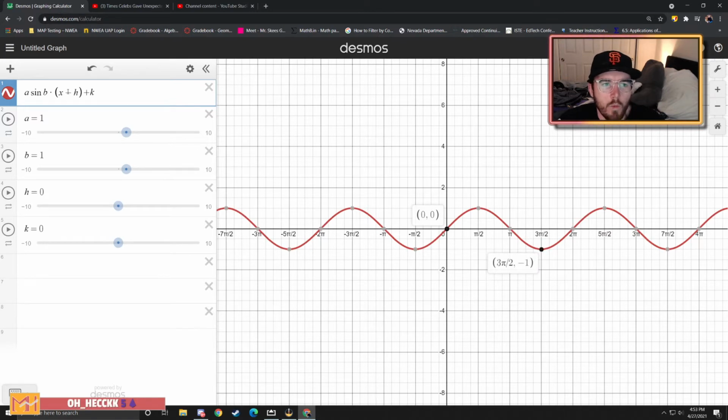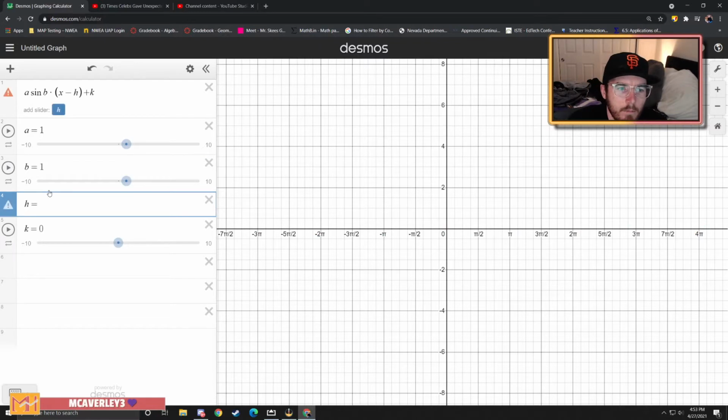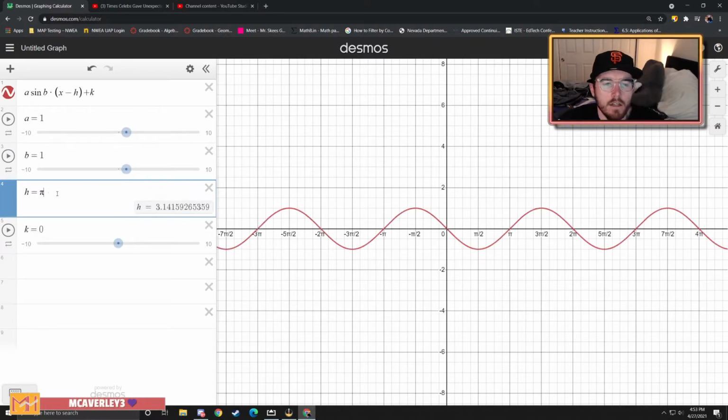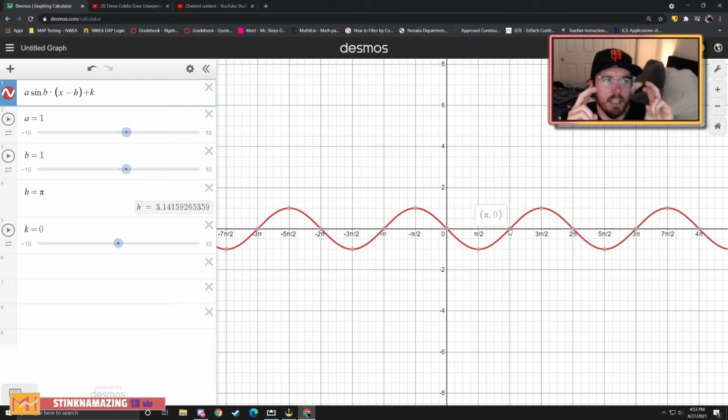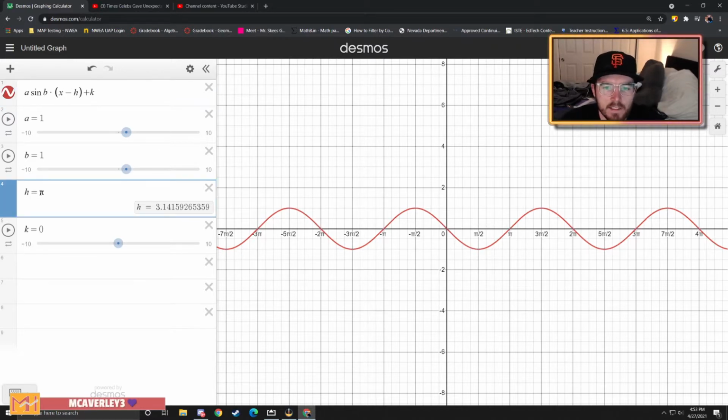When we subtract, let's say, pi, take a look. The start, if you will, has moved over to the right pi. Because we've seen this time and time again, when you subtract in parentheses, it will move it to the right. And when you add in parentheses, it will move it to the left.